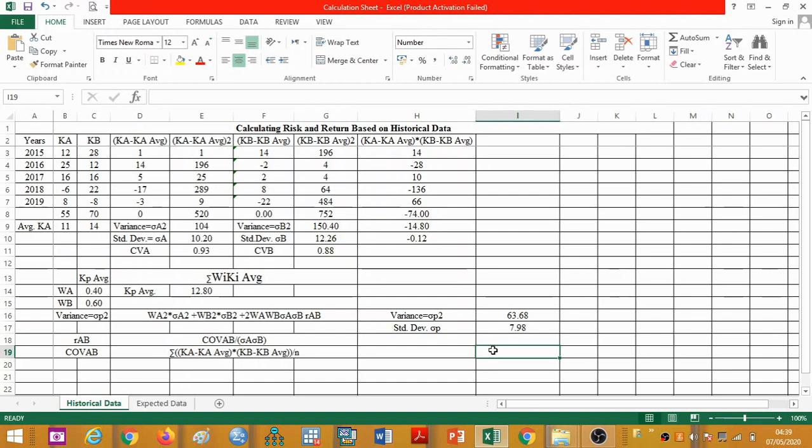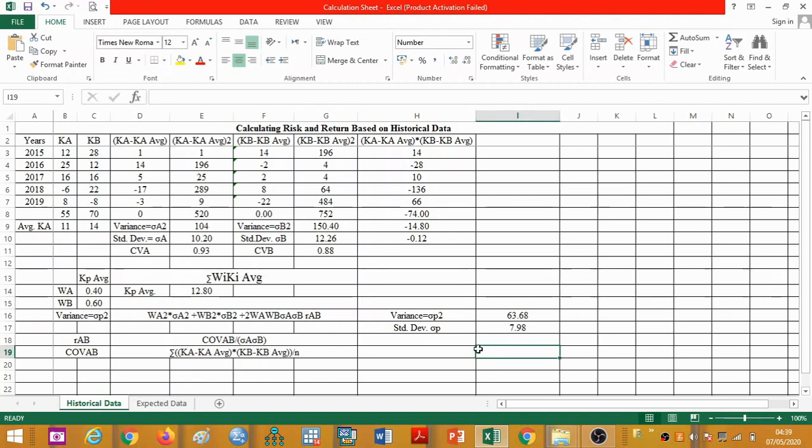So the portfolio has a lower standard deviation as compared to security A and security B. Now again, portfolio is better based on risk, security B is better based on return alone.